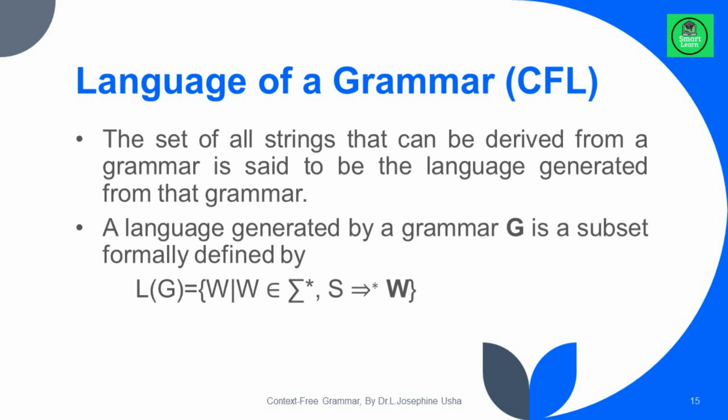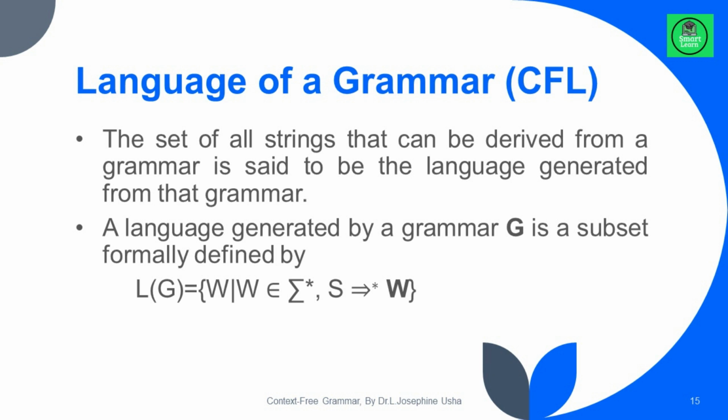How can we define the language? The language generated by the grammar G is a subset: L(G) equals the set of strings w such that w is an element of sigma star, a set of terminals, and it should be derived from the start symbol, where S represents the start symbol.